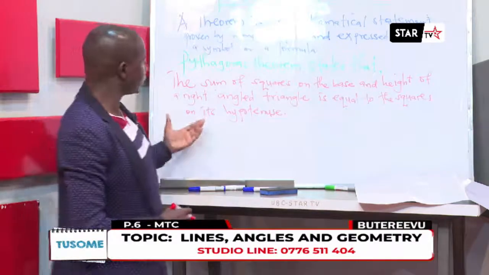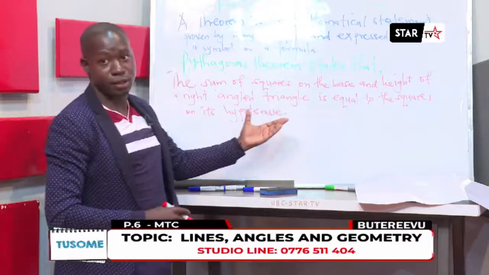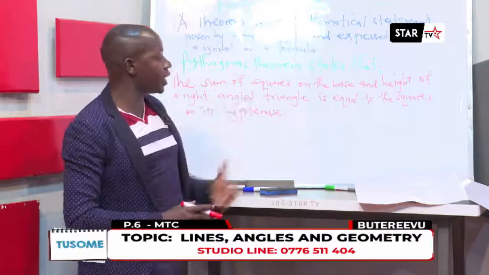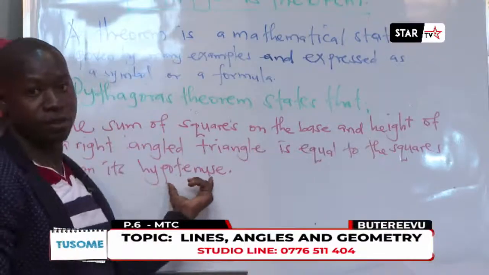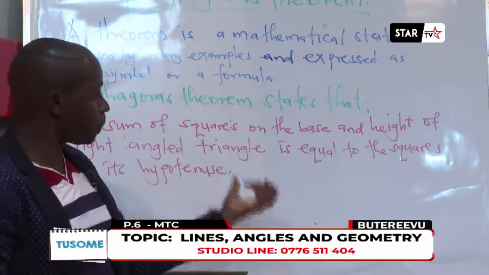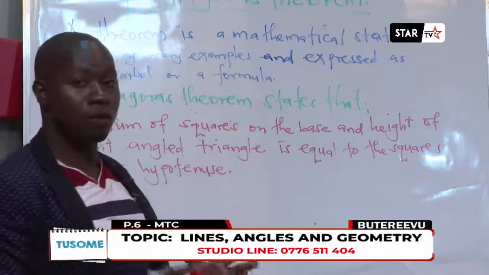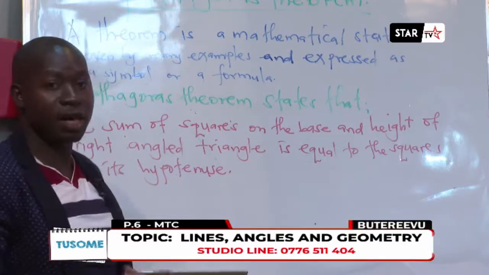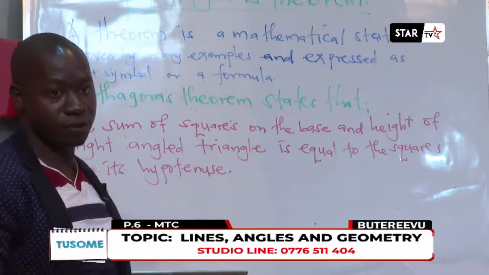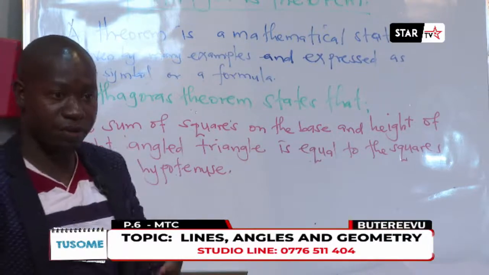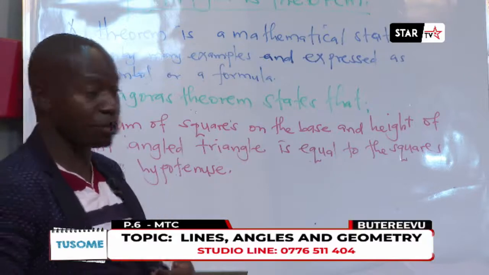We have three letters that we use to stand for the lines as the base, the height, and the hypotenuse. Remember, Pythagoras theorem only works on right-angled triangles with the Pythagoras triples. Do we know Pythagoras triples? We are yet to know them.